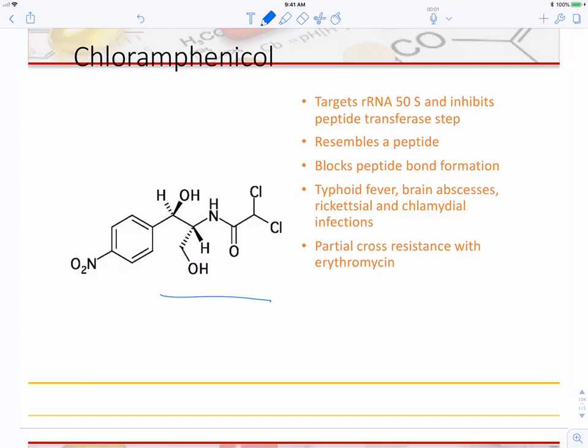So mitochondria have been speculated to originate from prokaryotic cells, and they contain 70S ribosomes instead of 80S ribosomes. And so they can be inhibited by some protein synthesis inhibitors, including chloramphenicol, and that basically explains their toxicity at the mitochondrial level.